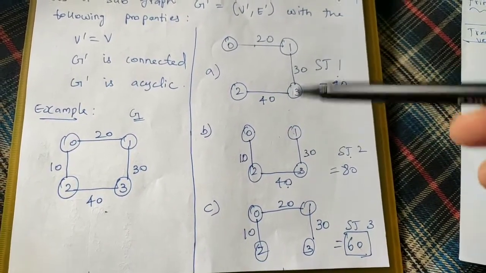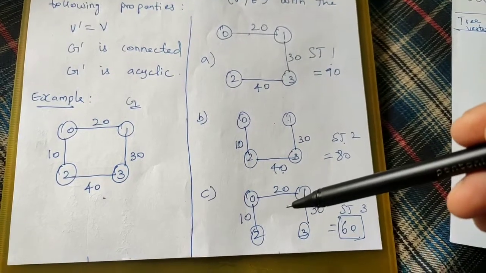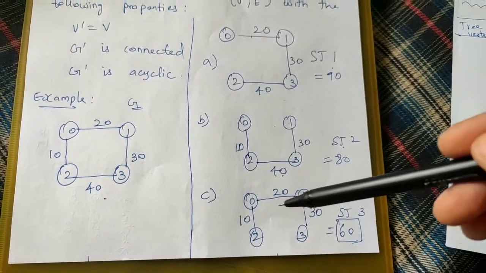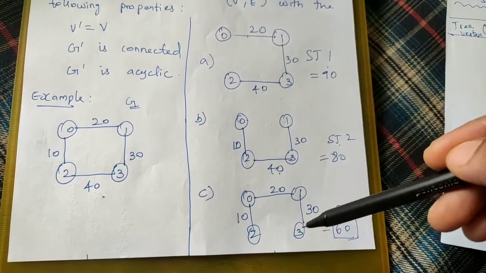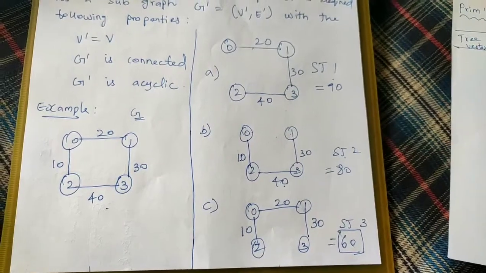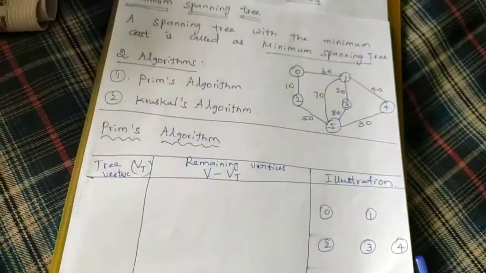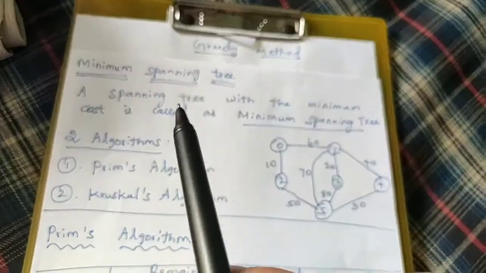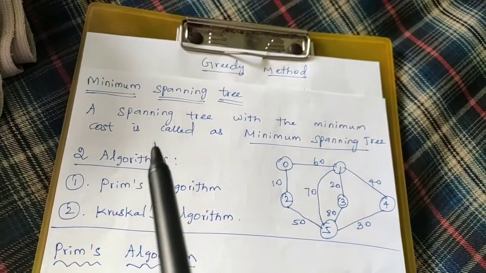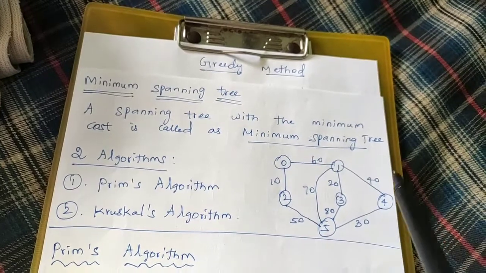Out of these 3, the third spanning tree is having the minimum cost, 60. So I can say this third spanning tree is a minimum spanning tree out of these 3. So I can define a minimum spanning tree as a spanning tree with the minimum cost. That is called a minimum spanning tree.